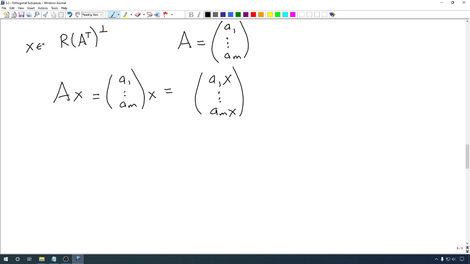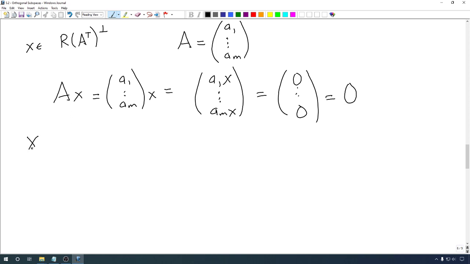But we're assuming here that x is orthogonal to the row space. That means it has to be orthogonal to each of the rows. A1x has to be 0, Amx has to be 0. In fact, all of them have to be 0. So we do get the 0 vector.